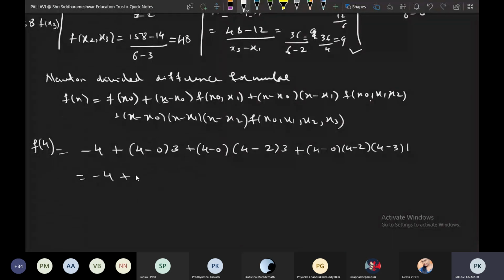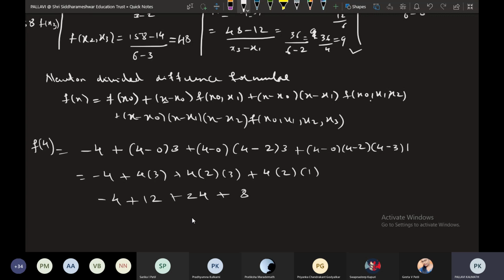This is minus 4 plus 4 minus 0, which is 4, into 3, plus 4 into 2 into 3, plus 4 into 2 into 1. This is minus 4 plus 4 times 3 is 12, plus 4 times 2 is 8, times 3 is 24, plus 4 times 2 is 8.